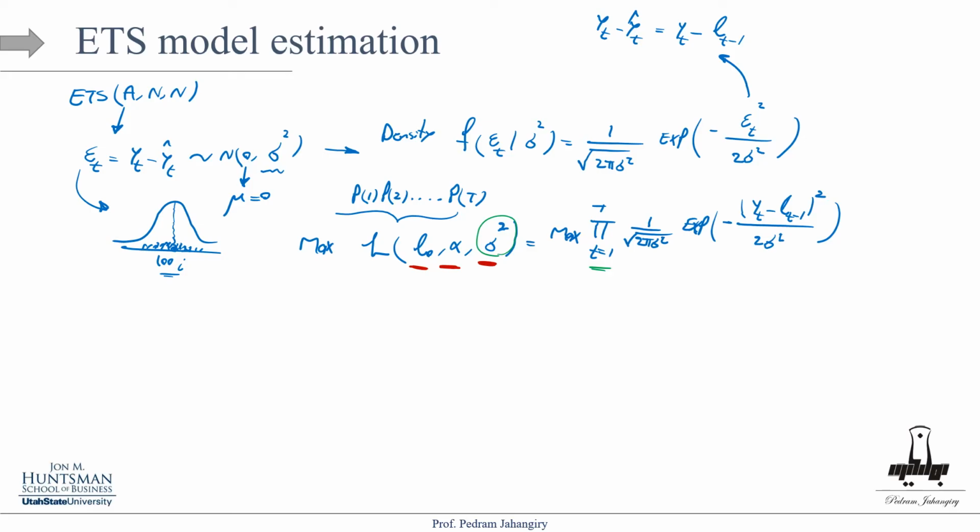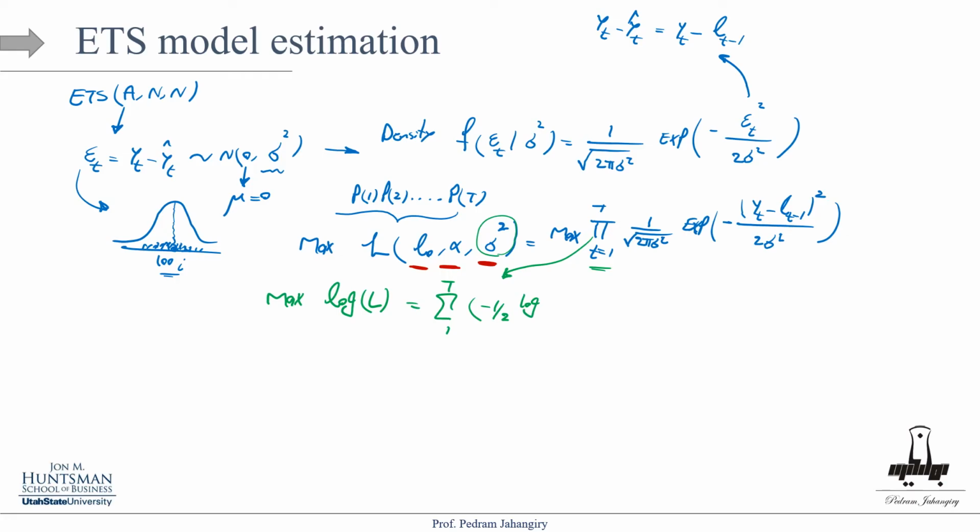So that's why, instead of maximizing the likelihood, we maximize the log likelihood. I'm simply taking the log of both sides, and then this multiplication operation is going to become a summation operation, a summation from 1 through T. Don't worry about these formulas. You don't need to memorize them. What I'm doing is simply going from that multiplication operation to a summation operation.